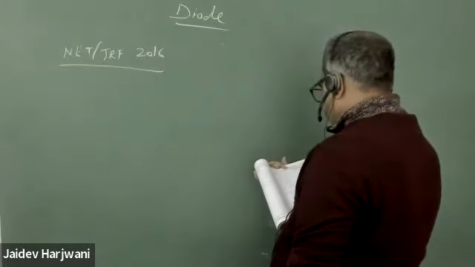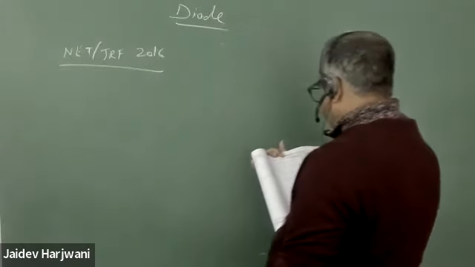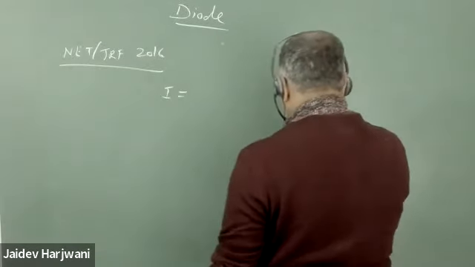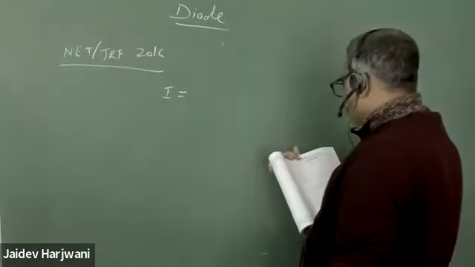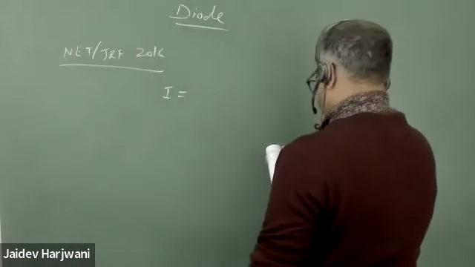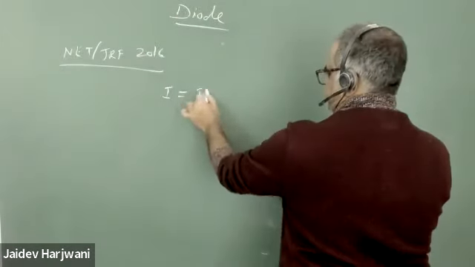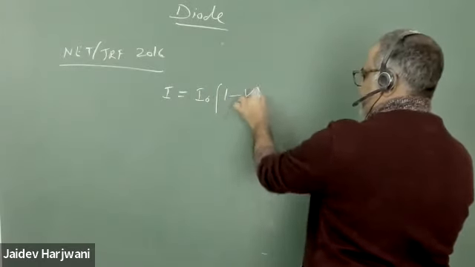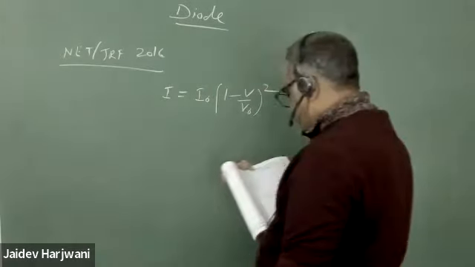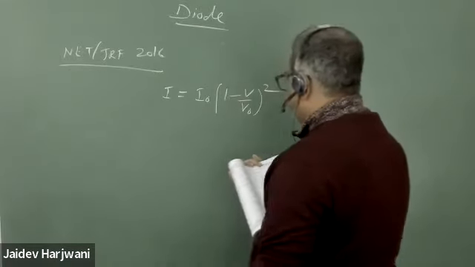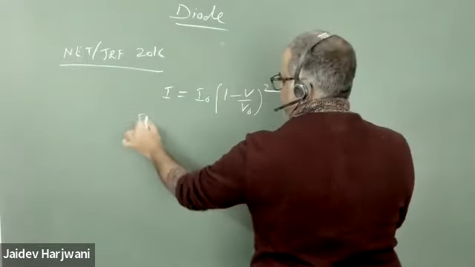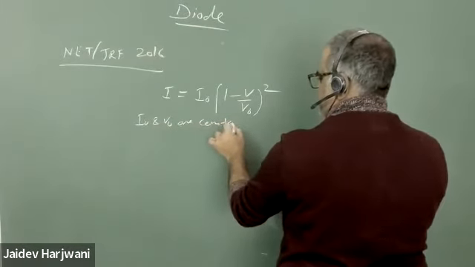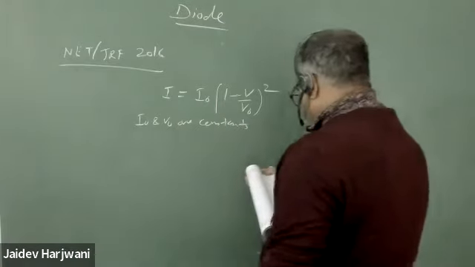They gave you the dependence of current I on the voltage V of a certain device, a diode current, given by I = I0 (1 - V/V0) squared, where I0 and V0 are constants.